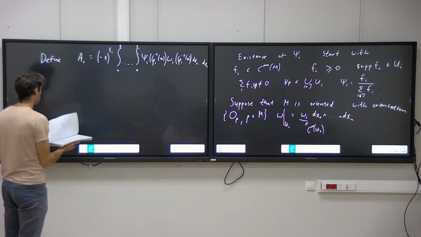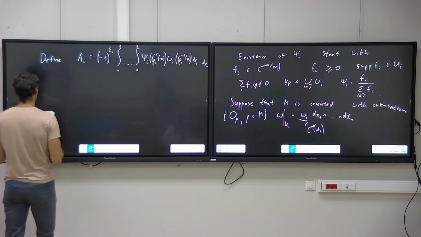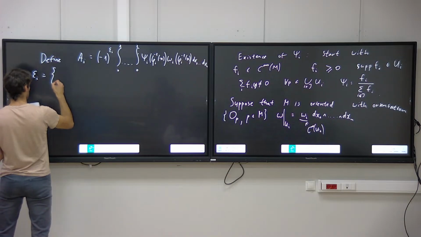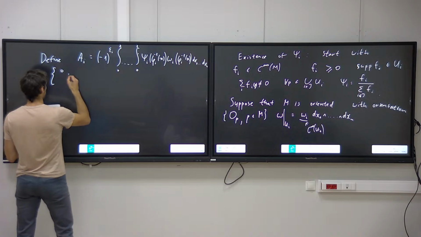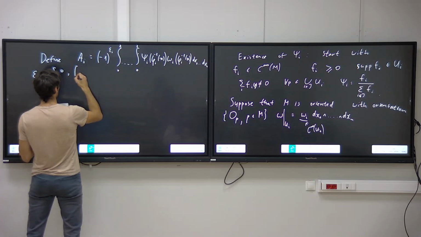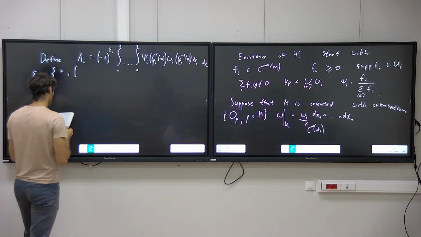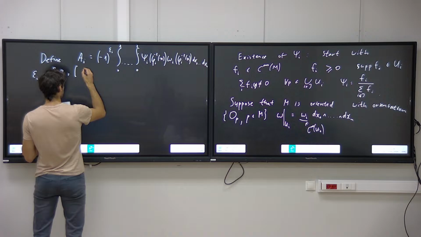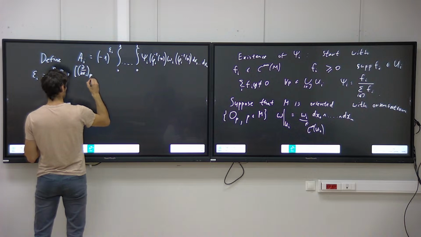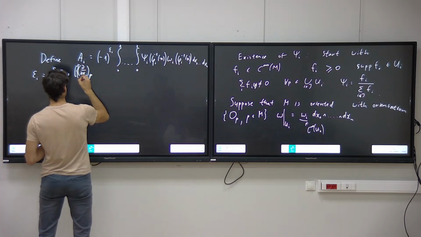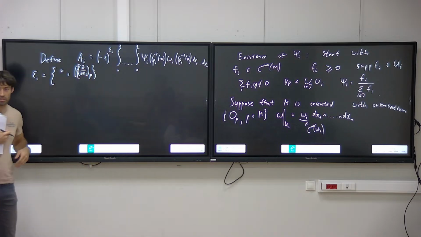Okay, but what is this epsilon I? Epsilon I, by definition, is either 0 or 1. I have d over dxi at each point, and locally this gives me a basis on Ui.